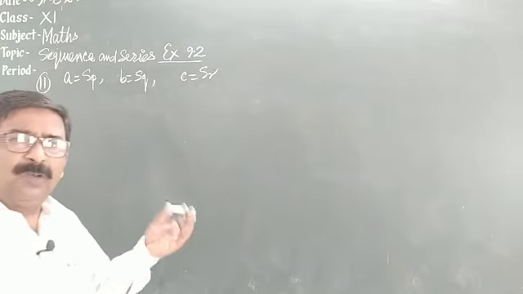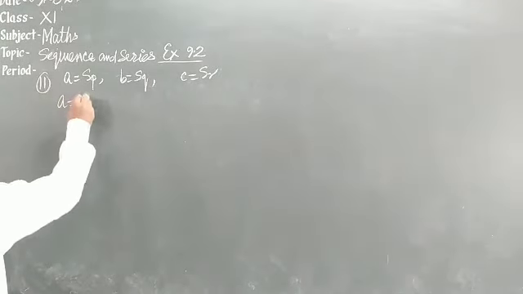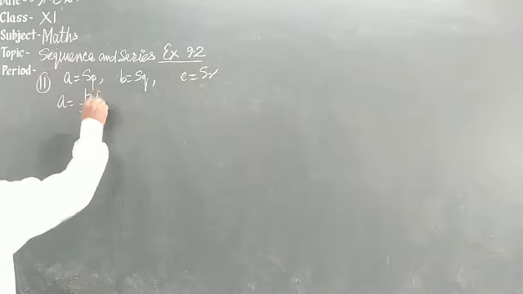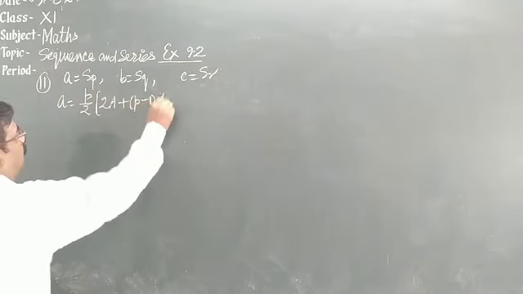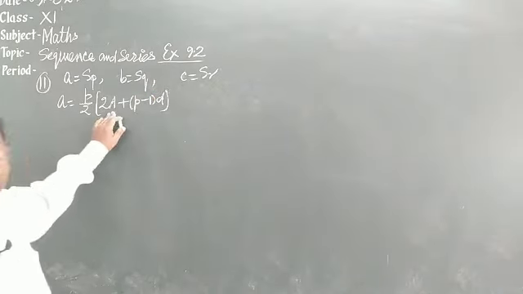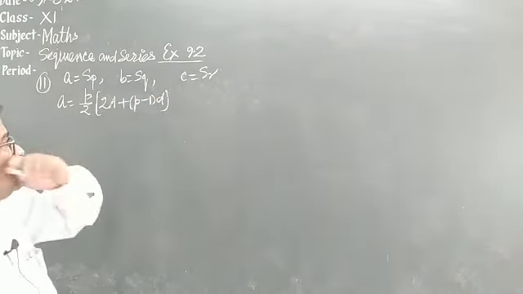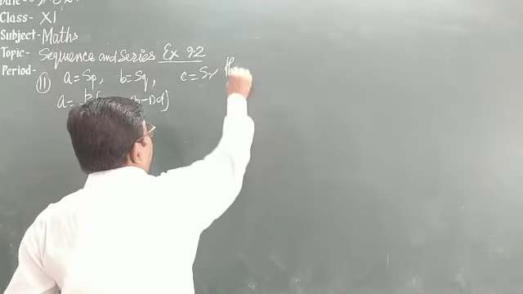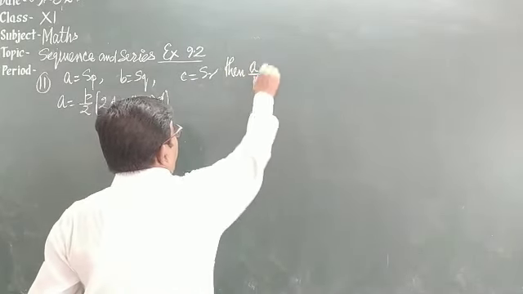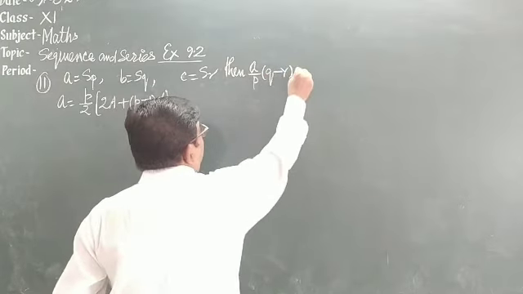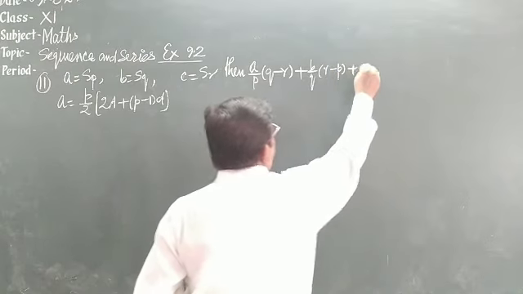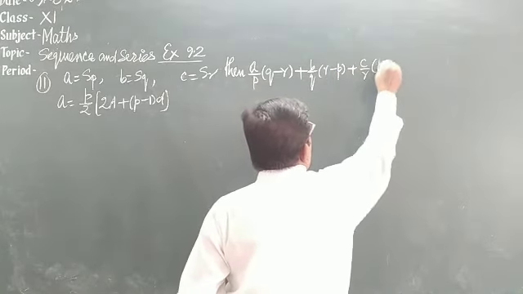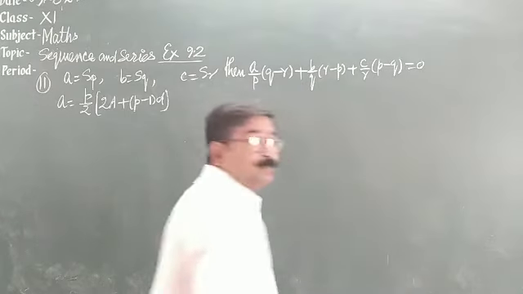So we write the formula one by one. We have A is equal to P by 2 into 2A plus P minus 1 into D. We have taken the first term as capital A because small a is given in the question. Then we have to prove A upon P into Q minus R plus B upon Q into R minus P plus C upon R into P minus Q is equal to 0.